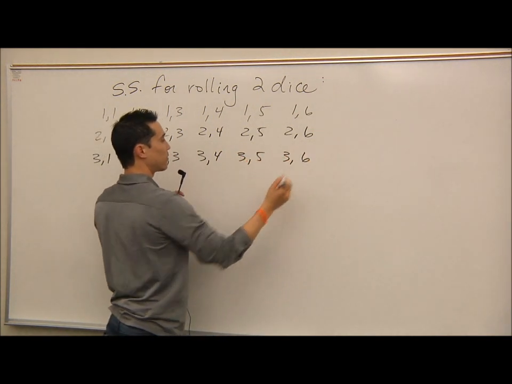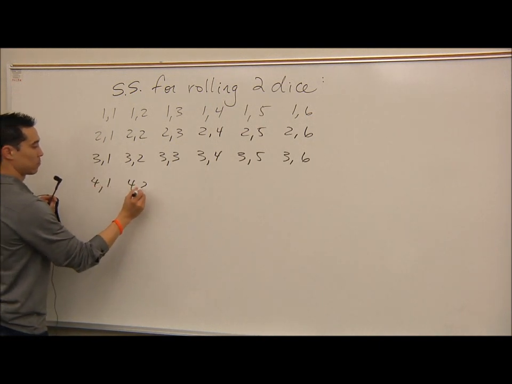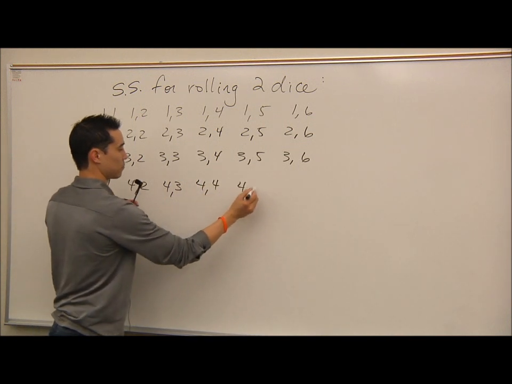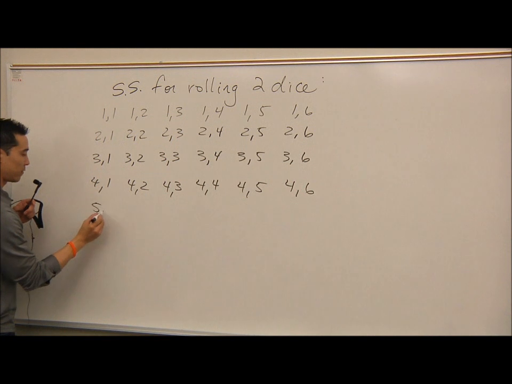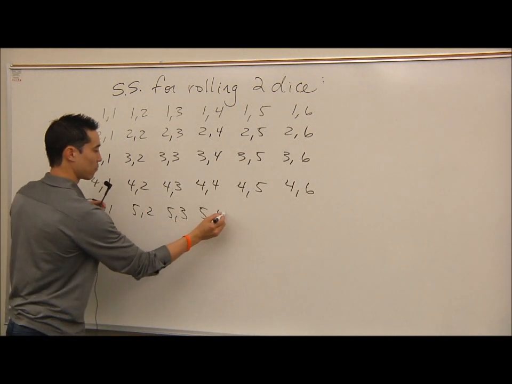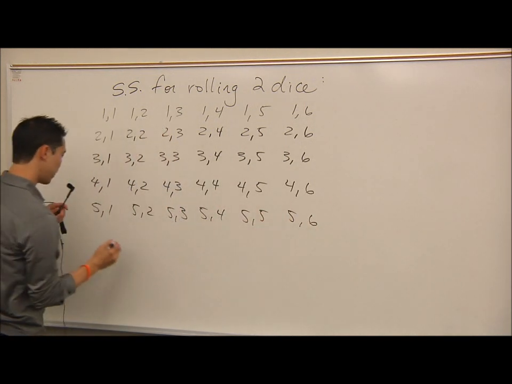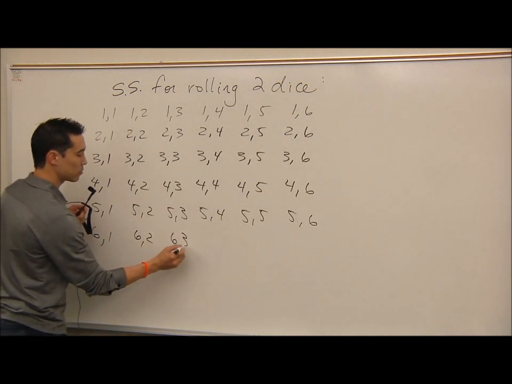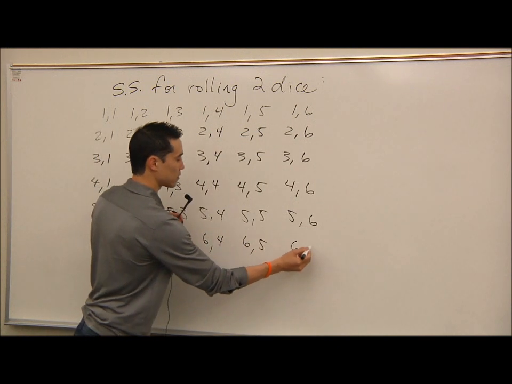And let's list out every possible outcome. 5 and 1, 5 and 2. And finally, home stretch, 6-1, 6-2, 6-3, 6-4, 6-5, 6-6.